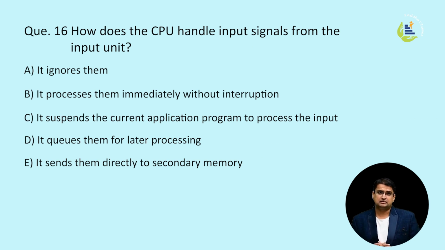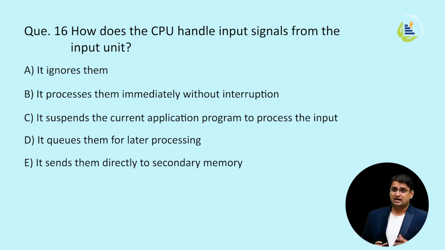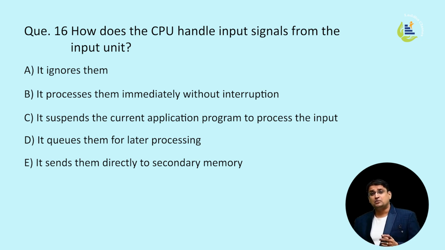Question 16. How does the CPU handle input signals from the input unit? Options are it ignores them, it processes them immediately without interruption, it suspends the current application program to process the input, it queues them for later processing, it sends them directly to secondary memory.